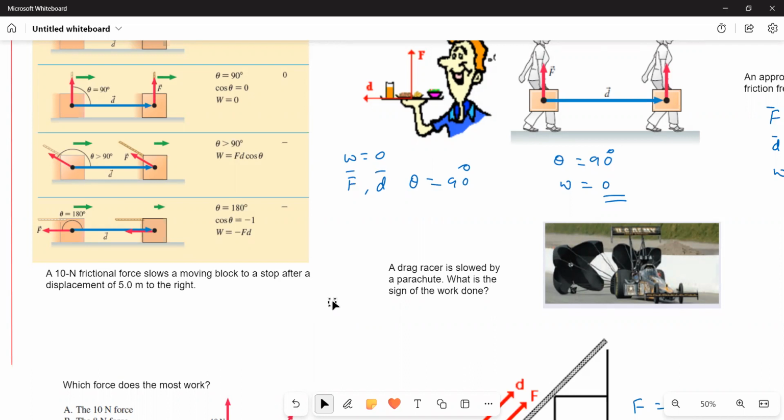Now, when will the work done be negative? There are cases where the work done will be negative. Suppose the object moves, I will show you with a diagram. Here is the block, and the block moves in this direction.